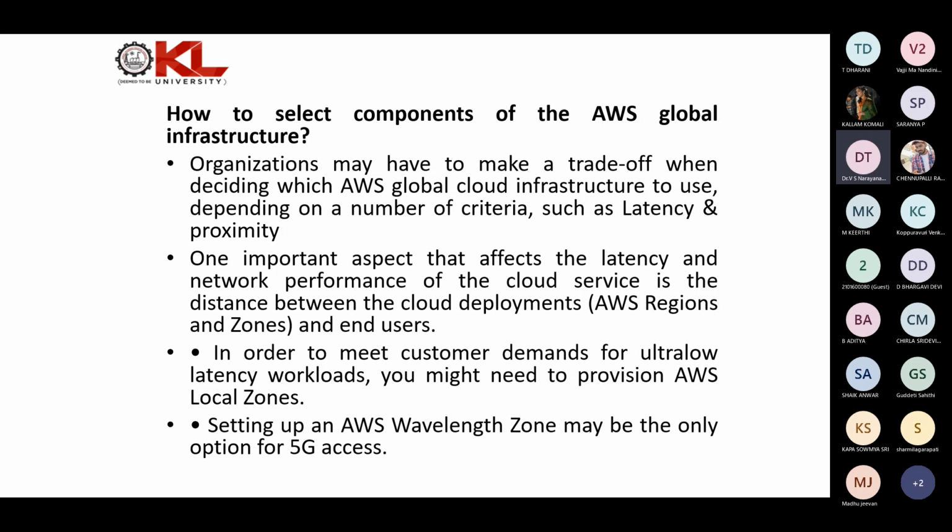Selecting a Local Zone obviously helps the efficient service providing of our web service. For example, for our prospects we will choose Asia as the Local Zone. And setting up an AWS Wavelength Zone may be the only option for 5G access.